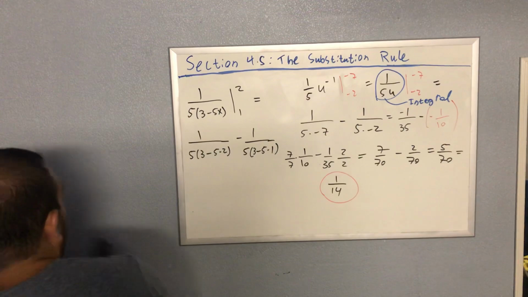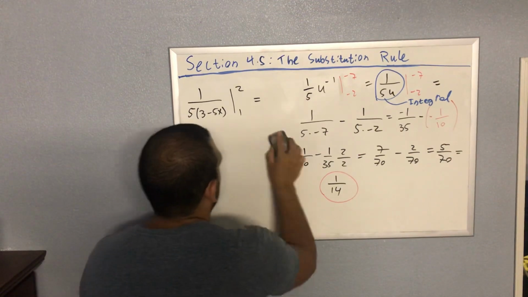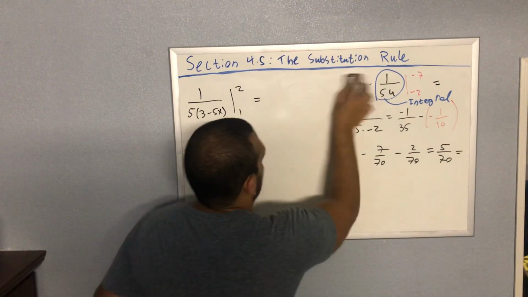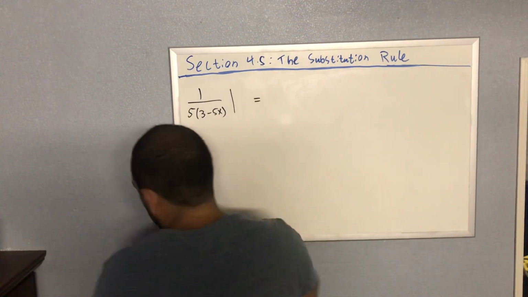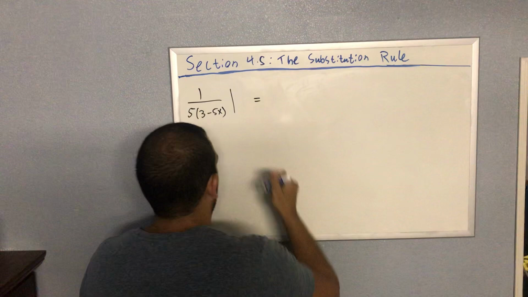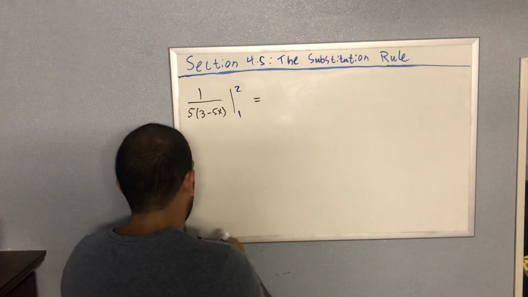And let me rewrite this here and change the colors just for clarity. So let me make this blue. 1 to 2.